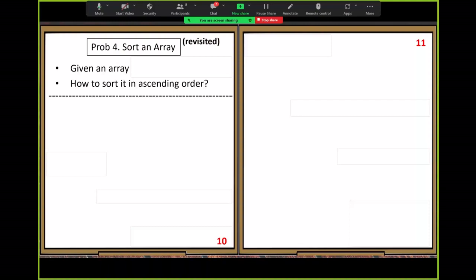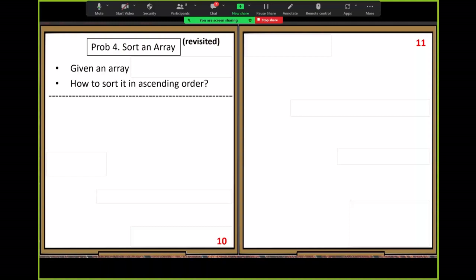Usually when we solve a problem, we need to base it on a critical property. Let me recall the selection sort. The critical property we used in that solution is that every time we find the minimum of the array, we can put that element in place.